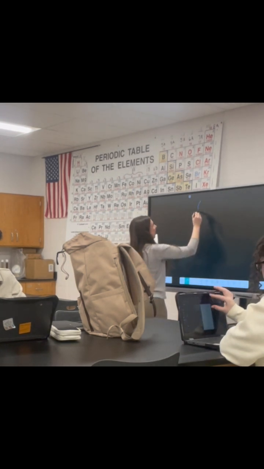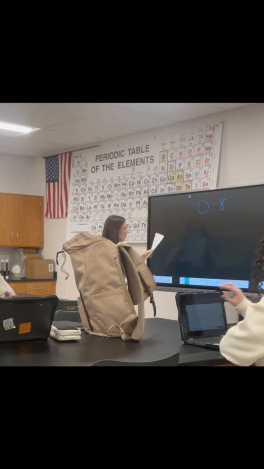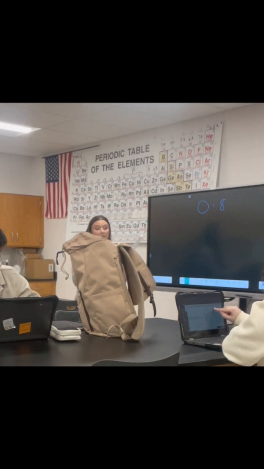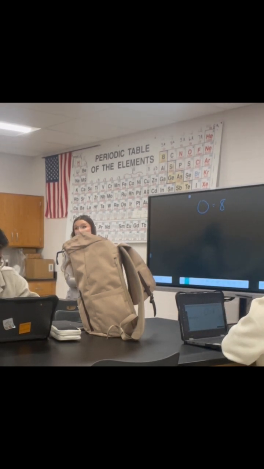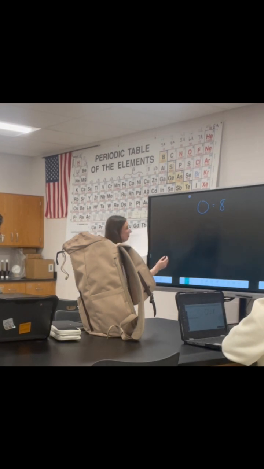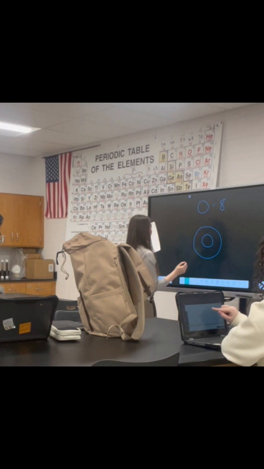We've got oxygen, whose atomic number is 8. So if you're looking, we got oxygen up here, 8 is the blue number up at the top. So I literally told you guys exactly what to do just to make sure it clicks. That's what that parentheses is there. So the first thing we're going to do, we're going to draw 2 circles. Right?